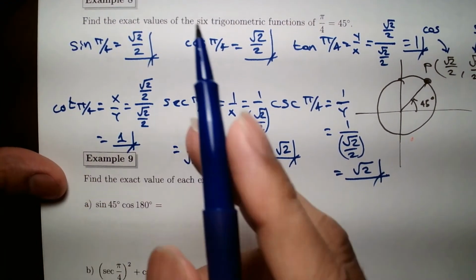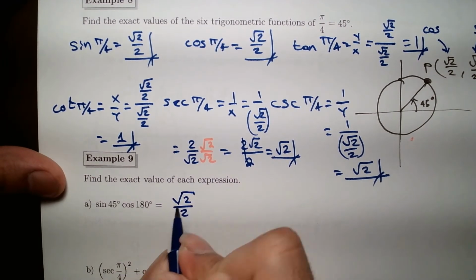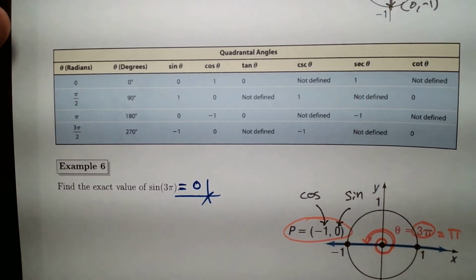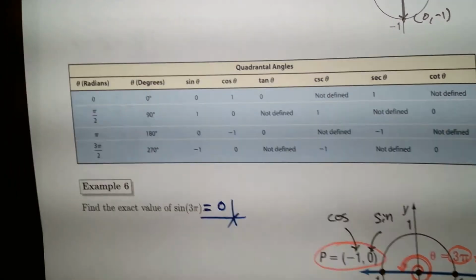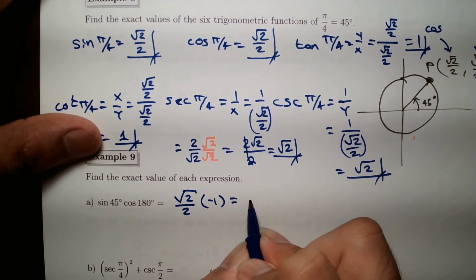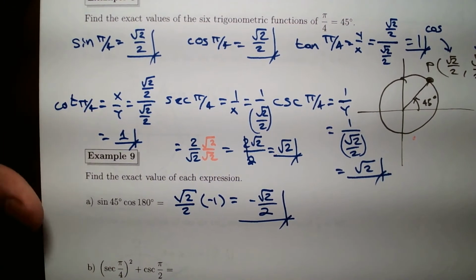Sine of pi over 4, that's square root of 2 over 2. And cosine of 180, we got from the previous page, or you can use the table. At 180 degrees, cosine is negative 1. That times negative 1 gives us negative root of 2 over 2.